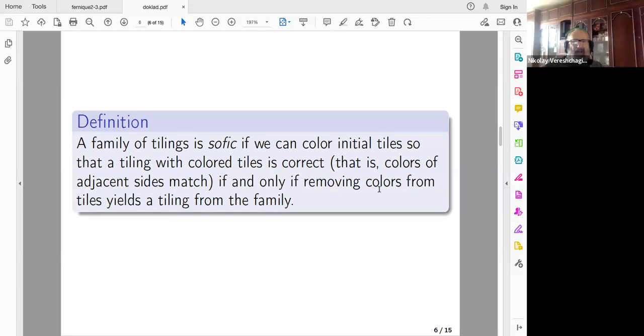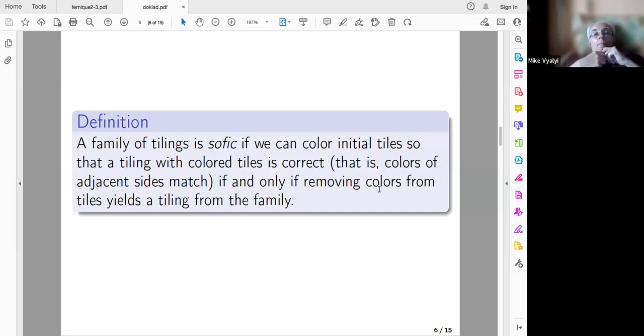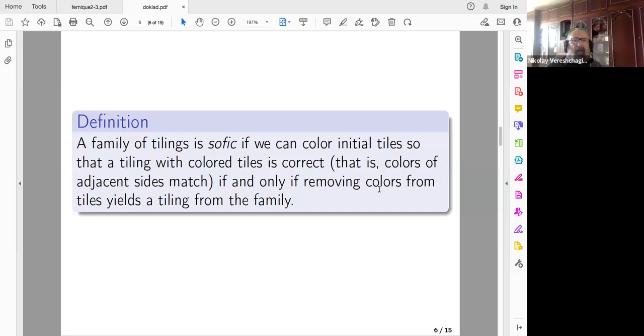Each tile may be colored in its own way. So if we have two identical tiles, we can color them in different ways. The only thing we want is that the resulting colored tiles belong to our family of colored tiles.